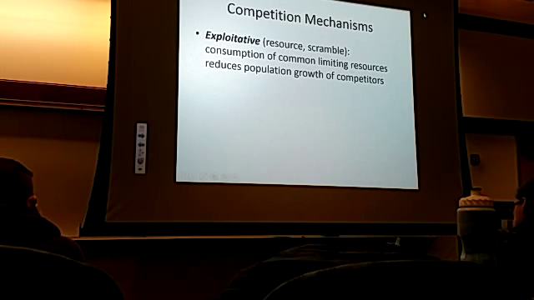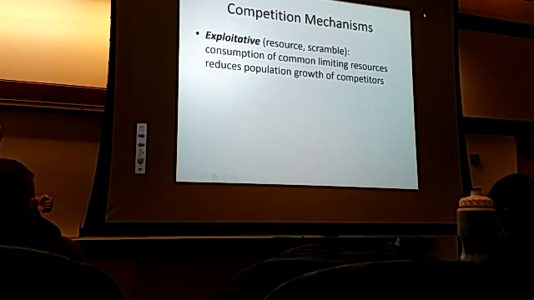A lot of what we've been talking about so far just simply involves resources being consumed at the expense of another species. So if you go back to our algae examples, then we have maybe two species of algae in a container, and they're just both exploiting a resource in the water that they need to grow.